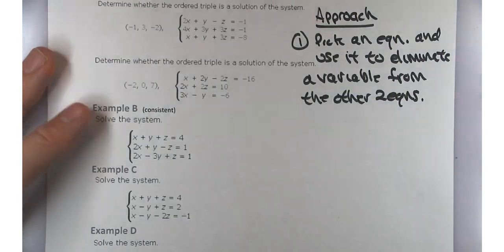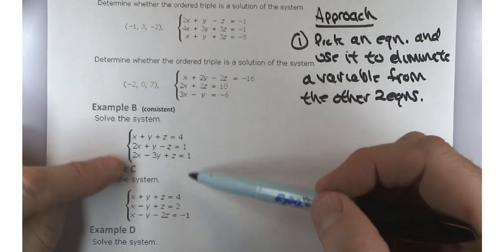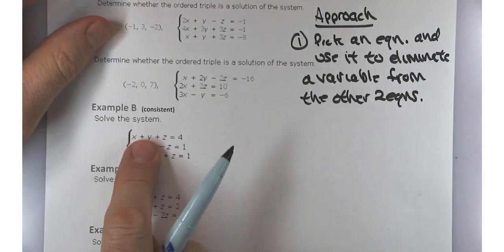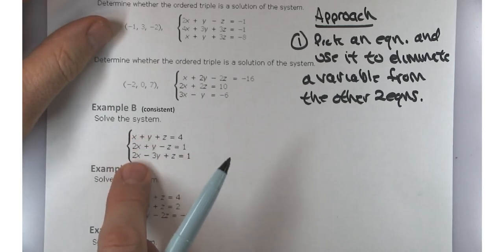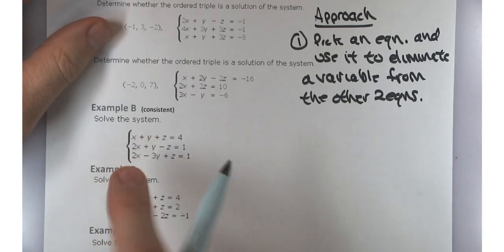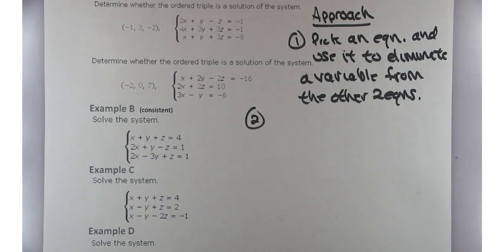That's the big first step. And then from there, you're going to solve that remaining 2x2 system of equations. So if you've eliminated a variable from the other two equations, in example B, for instance, I'm going to use the first equation to eliminate the x from the second two equations. That's going to give you a 2x2 system of equations that you can solve.